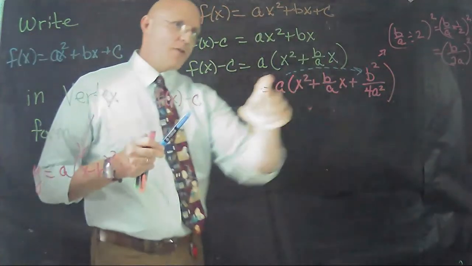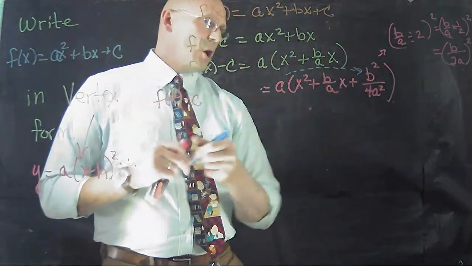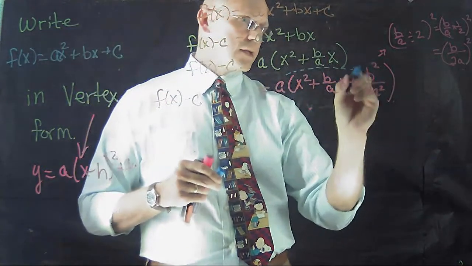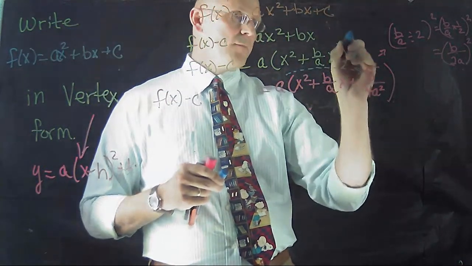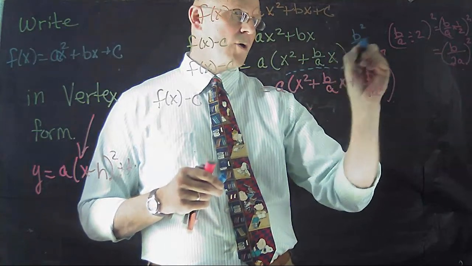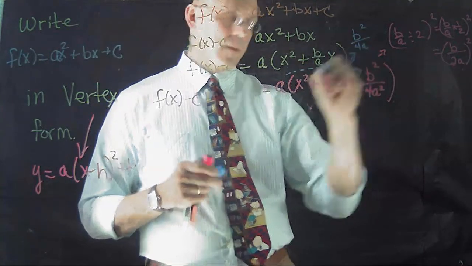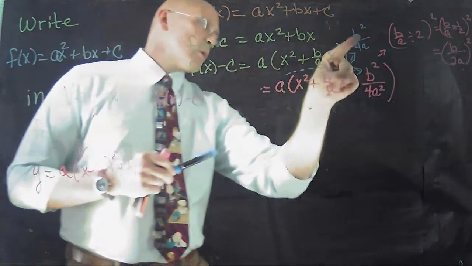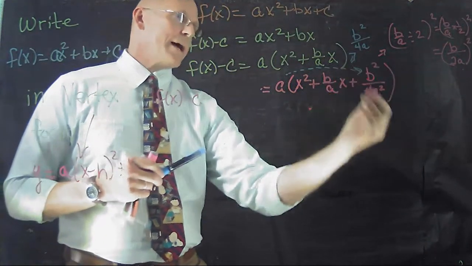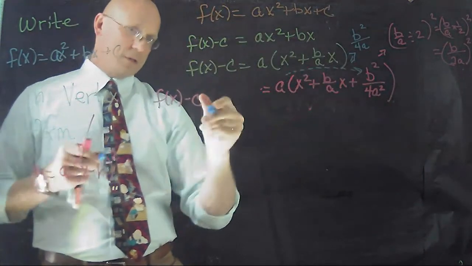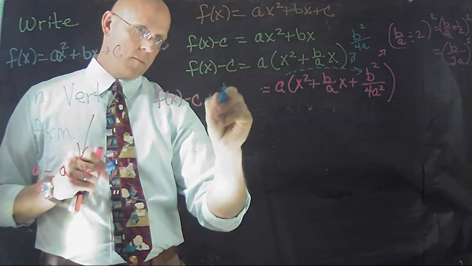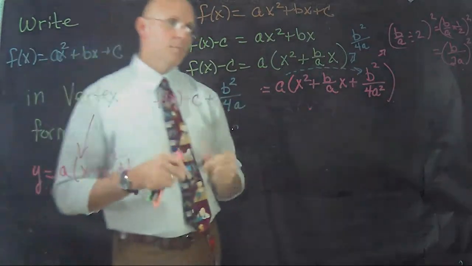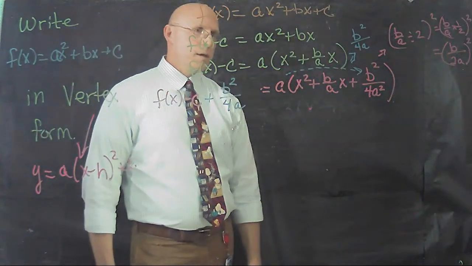Now on the right-hand side, if I do a times this, what I end up getting is b squared over 4a. So I've added b squared over 4a to the right. I also have to add it to the left. There it is. Beautiful.